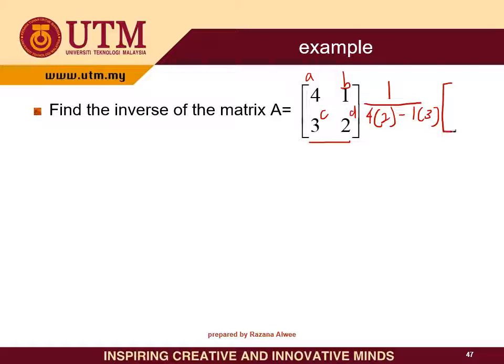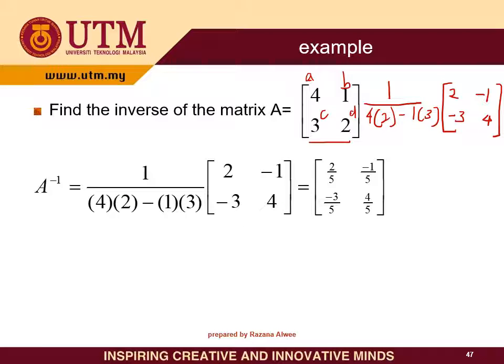And then you also must have D over here, 2, A here, 4, B and C are still the same, but now they will have negative signs. Alright, so you should have this, and after you calculate, you will have this value. This is the A inverse.